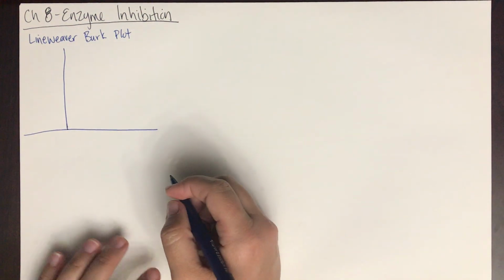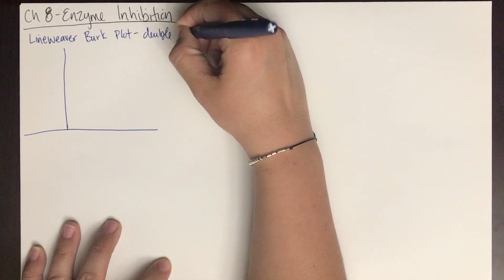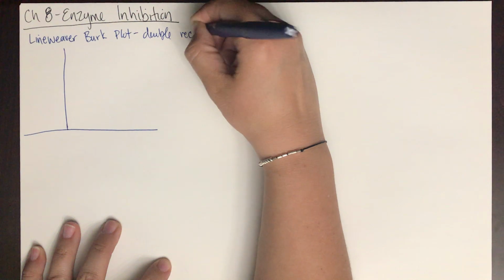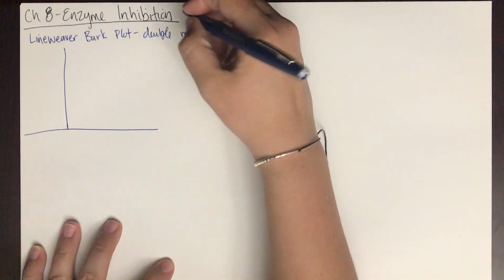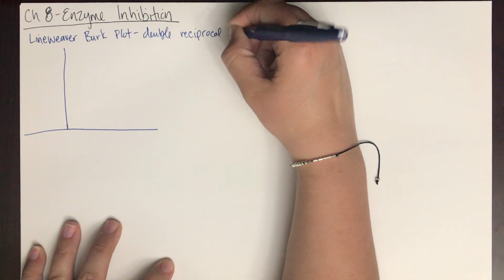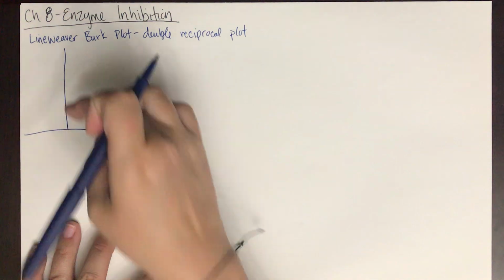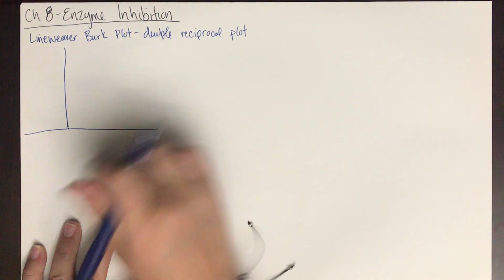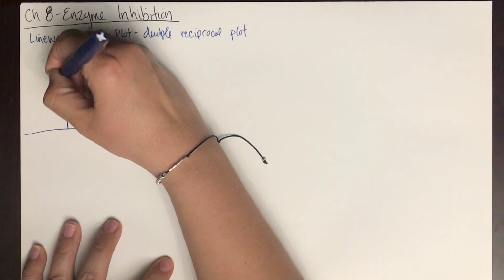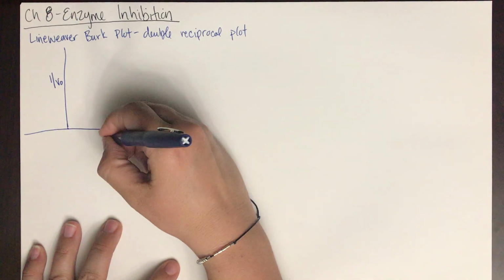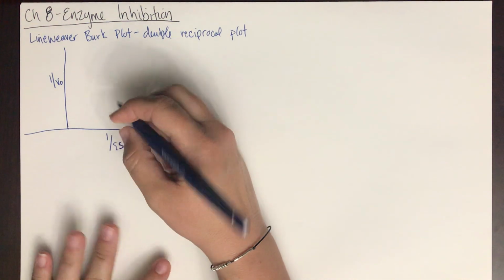And the Lineweaver-Burk plot is a double reciprocal plot. So the Michaelis-Menten was the velocity versus substrate, and this is going to be 1 over the velocity versus 1 over the substrate concentration.